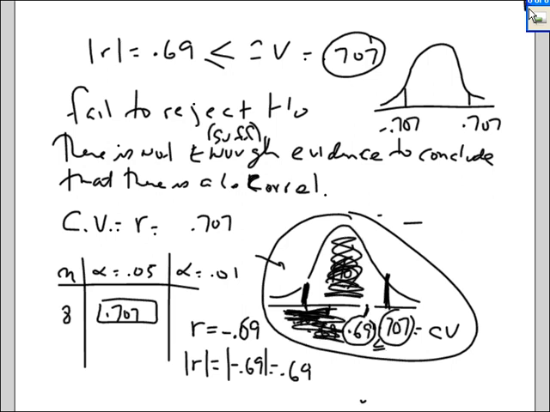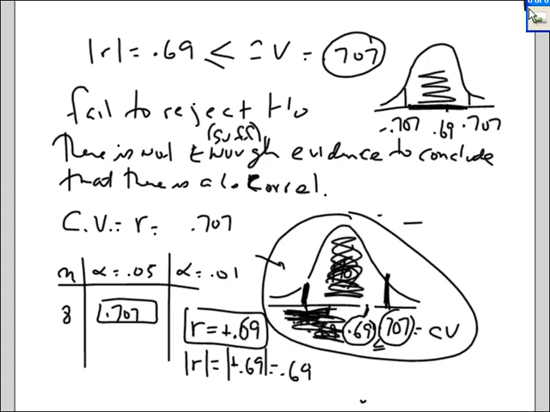If your value ends up in here, in between negative 0.707 and positive 0.707, you fail to reject H0. I think the last way I did it is cleaner, clearer, but I think most textbooks do it the first way.